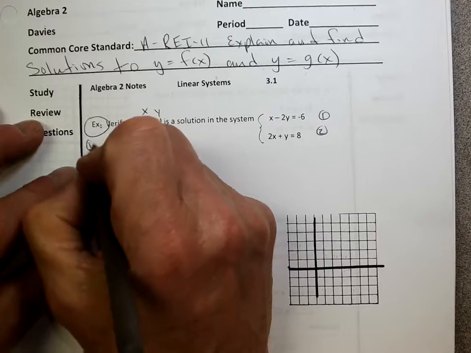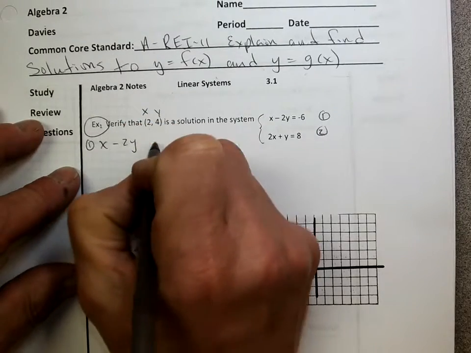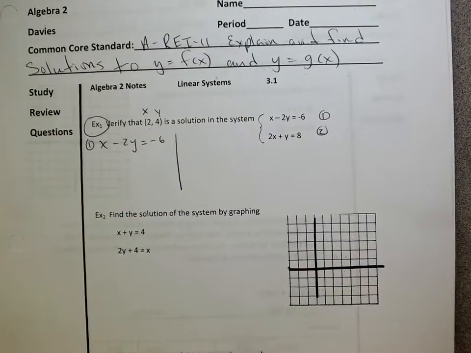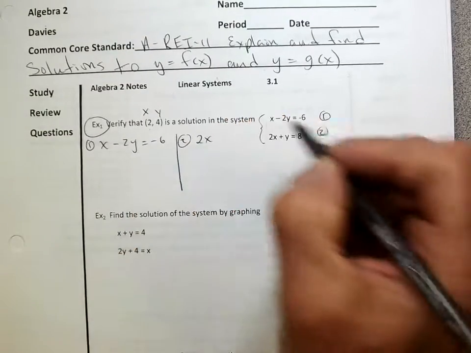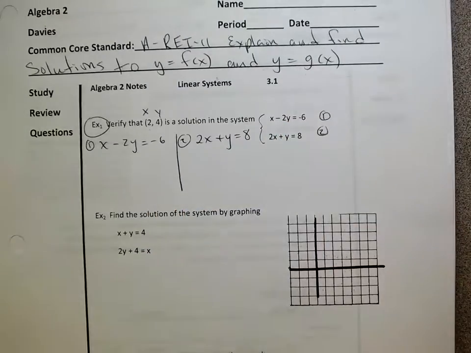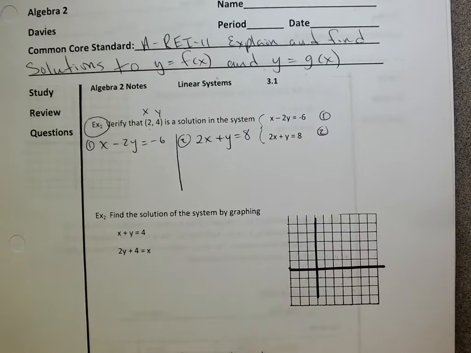So equation 1 is simply my x minus my 2y equals negative 6. I'm going to write them both because I have to verify it for both. It must work for both, okay? And equation 2, I'll write my 2x plus y equals 8. So what I've been told in this example is that 2, 4 is the answer. If I were to graph these, I'm being told that they intersect at 2, 4, okay?